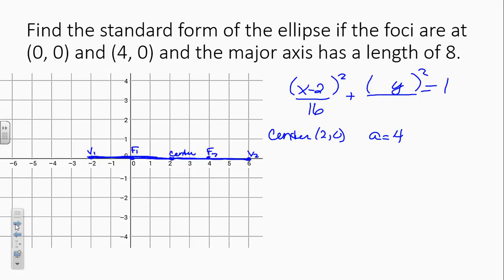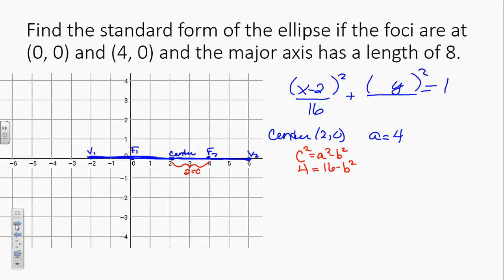So now we need to find b. And we have c. C is how much? C is 2. So since c is 2, we need 4 equals 16 minus b squared.